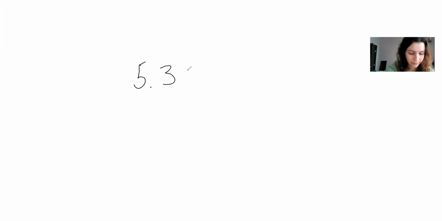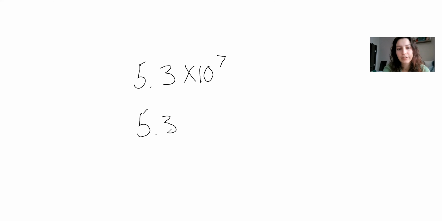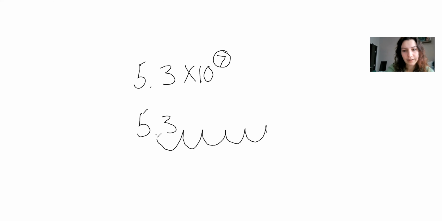Okay, let's look at 5.3 times 10 to the 7th. All right, so writing out 5.3, how many times should we move the decimal here? To figure that out, let's look at the exponent on the 10, that's 7. So that'll be 1, 2, 3, 4, 5, 6, 7 places that we move the decimal over.